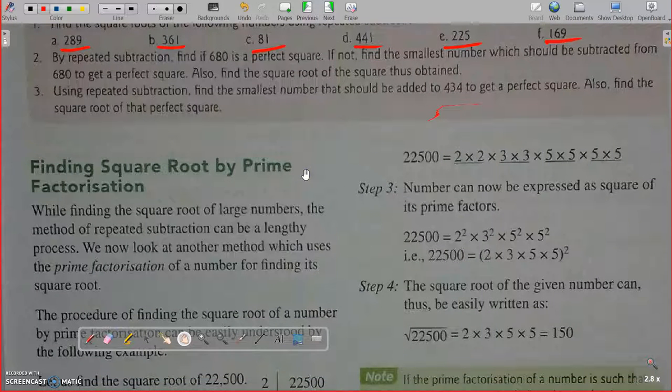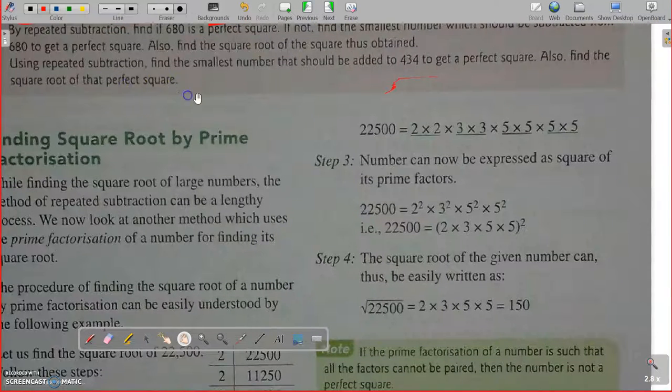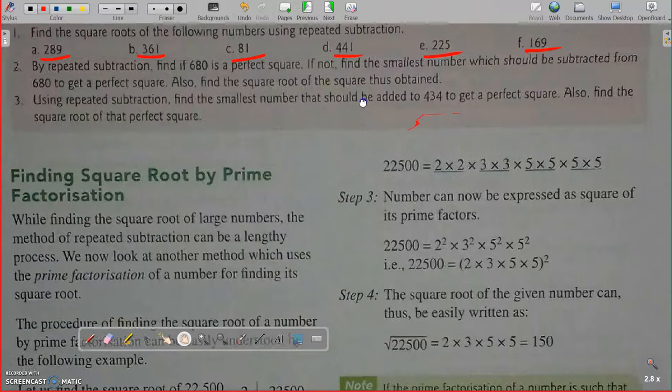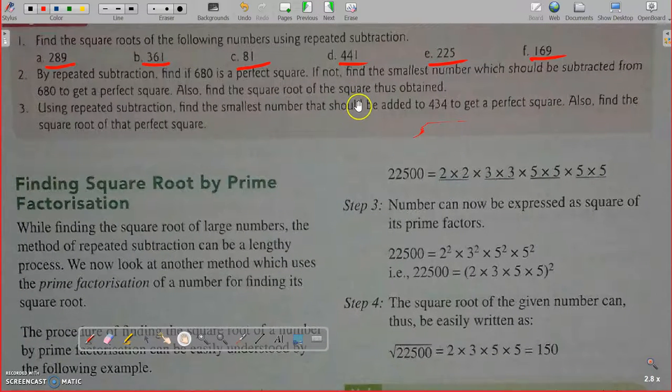And if you see the second question, what has been said: by repeated subtraction, find if 680 is a perfect square. If not, find the smallest number which should be subtracted from 680 to get a perfect square. At first it has been said to find which number should be subtracted, and then find the square root of the number thus obtained. Only subtraction has been asked over here.